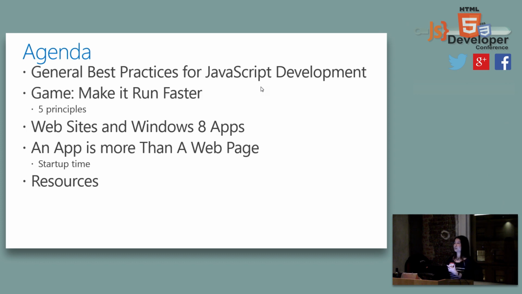And the JavaScript engine running in IE 10 and above is called Chakra, some of you may know. It's the same engine running for the Windows 8 platform. So that's why everything I'm talking about, all the best practices, will apply for all the major websites as well as for Windows 8 apps. And then maybe, if we have time, we'll talk about the startup time, because it's important for any apps.